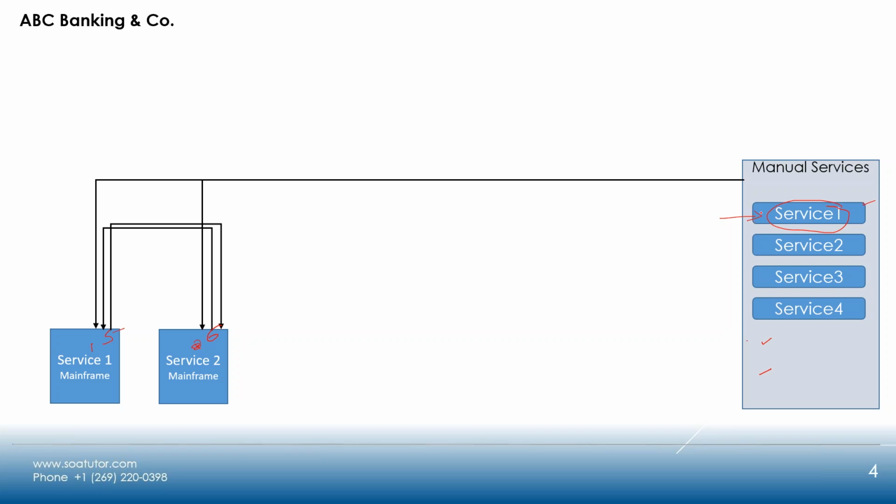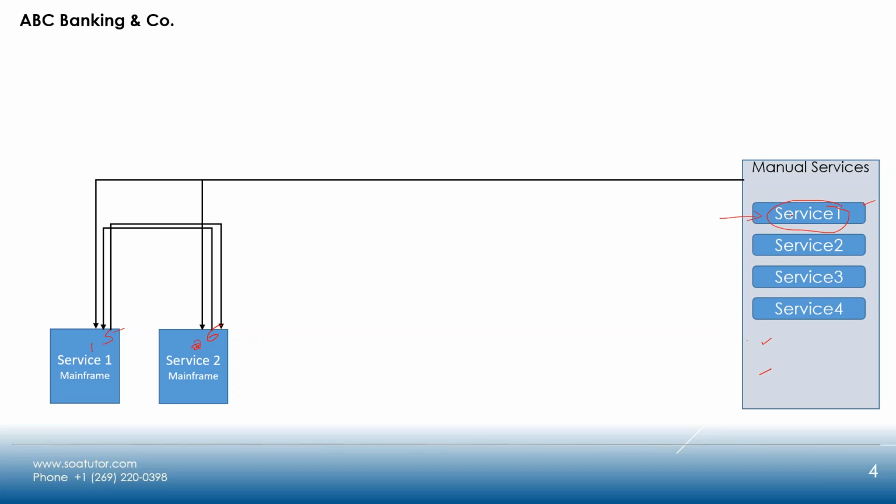So the business and the IT department were waiting for a good technology to come up. And when they saw a technology like Java, which really supports very good layouts using JSPs and all, they thought that, since this is becoming a bottleneck as a manual service, let's make it an automated service.